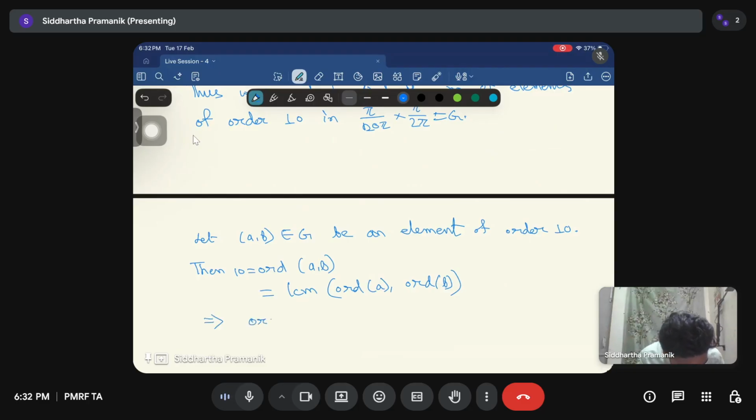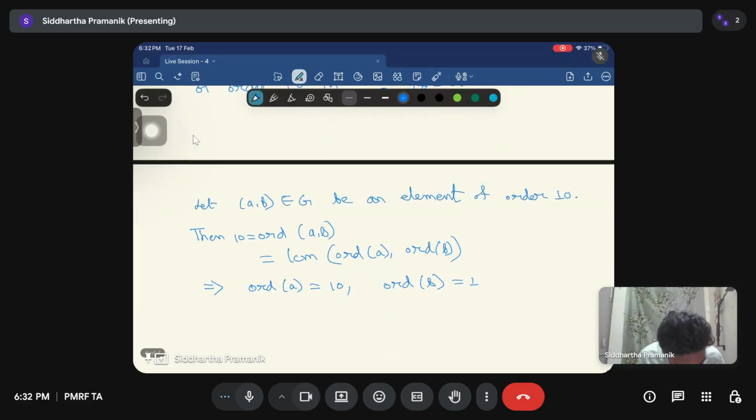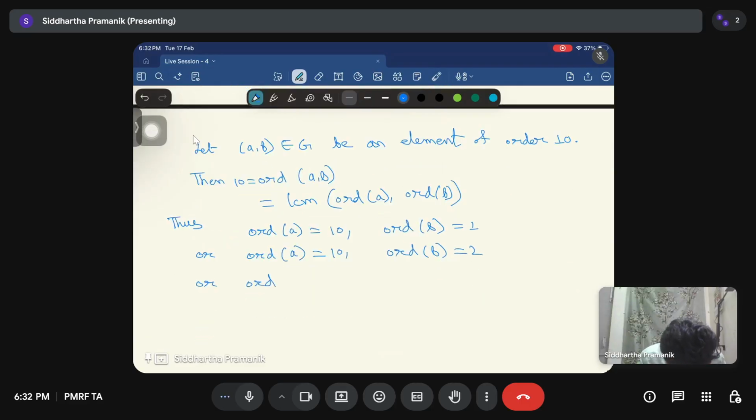The possibilities are: order of A is 10 and order of B is 1, so that the LCM becomes 10. This is one possibility. The other one is order of A is 10 and order of B is 2, and the other possibility is order of A is 5 and order of B is 2.